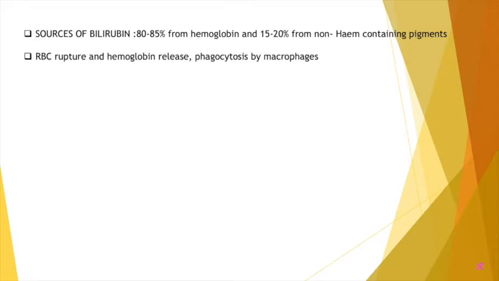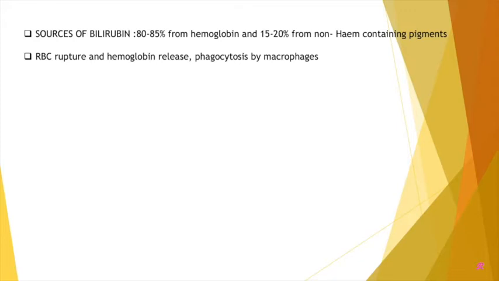So that is the main source of hemoglobin and the main source of bilirubin. That is, when RBCs get ruptured, there will be release of hemoglobin.